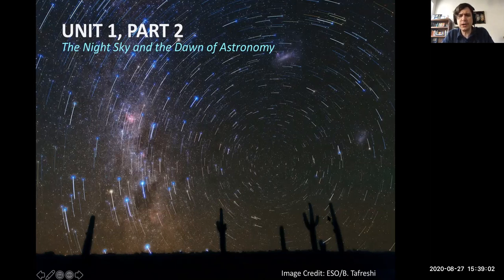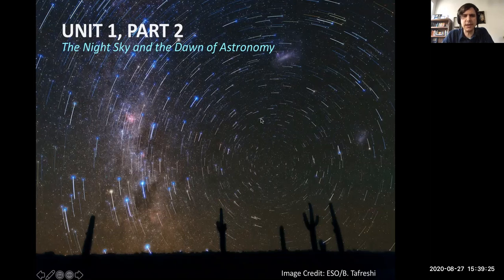So what is a star trail? If you just take a camera and point it at the night sky, open up the shutter and let it integrate for a while, so just capture light, as the sky moves, it'll leave trails that track the motion of the stars. So what can we see in this image? Well, we see that the motion is moving around in this clockwise fashion.